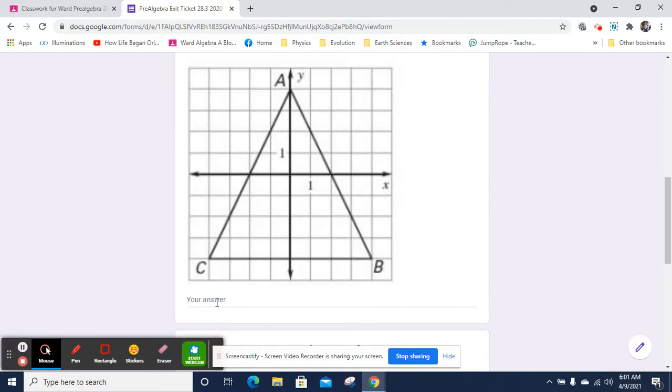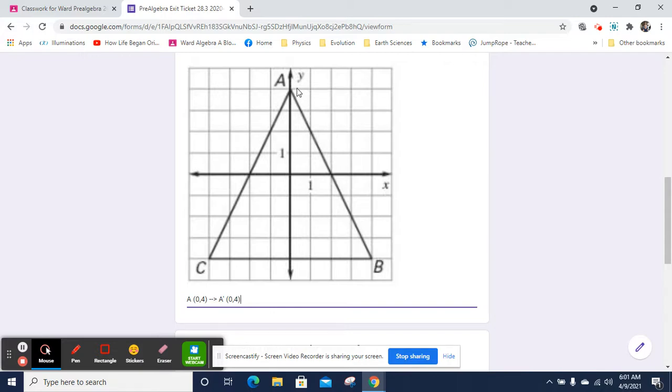So A, which is currently at (0, 4), is going to go to A prime. That's going to be the dilation, the shrinking. And since (0, 4) is the center of dilation, A prime is just going to be (0, 4).